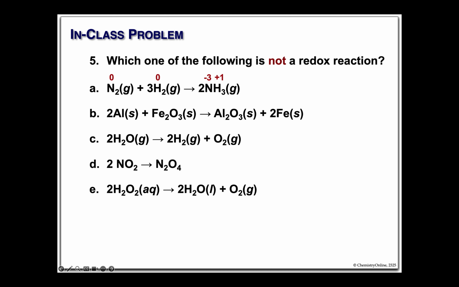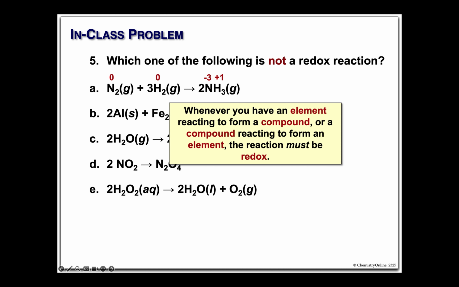Now we can do that for all of them. But you can look at it and just figure out a pattern. The pattern is this. If you have an element, either in the reactants or the products, that element is going to be 0.